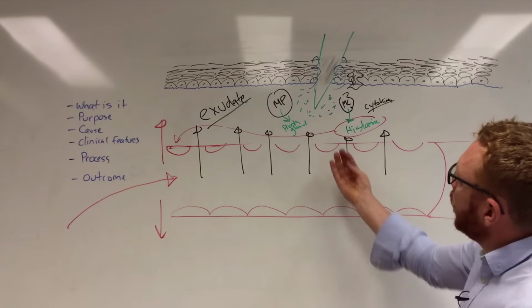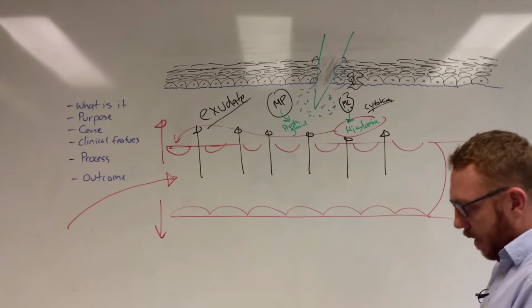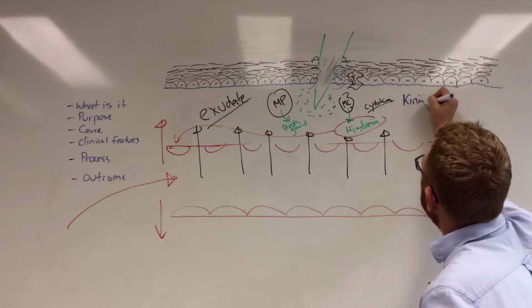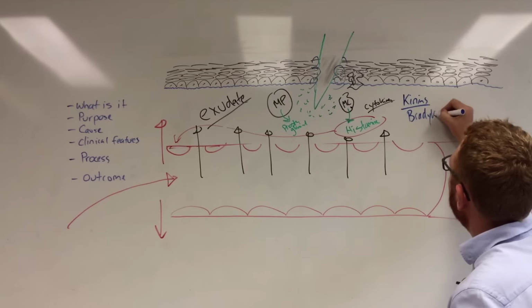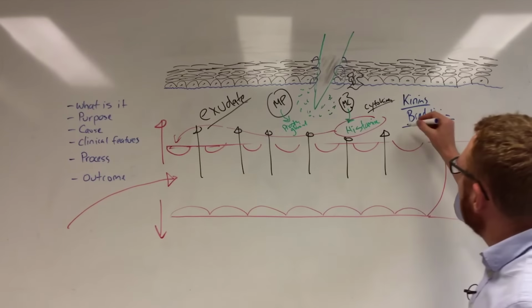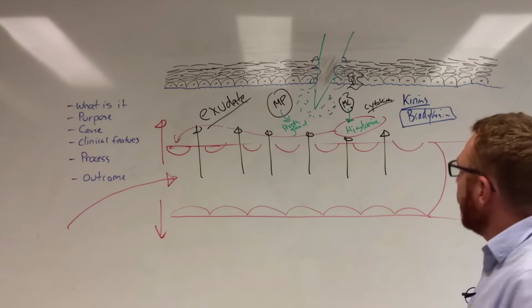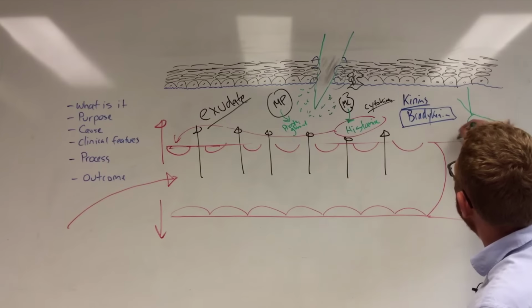Now, some of the plasma proteins are going to be activated, like the kinins. Bradykinin is a good one. What that's important for is sensitizing your nerves. So let's just say in your skin here you have nerves.